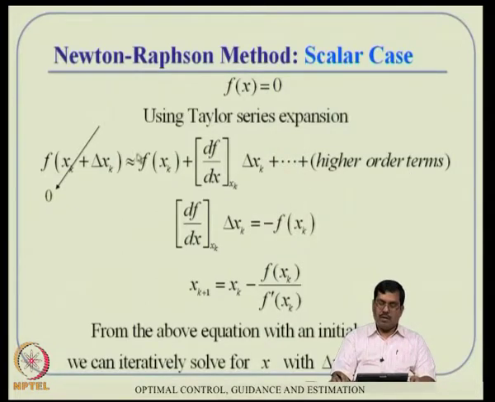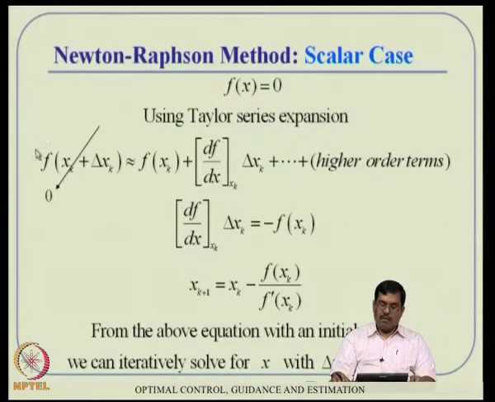These are all higher order terms and I will not be interested in them. I will just suppress them and take terms up to first order, and this is my equation. Remember, this entire expression is 0 because that is supposed to be a root. You want to find a delta xk such that f of xk plus delta xk equal to 0.